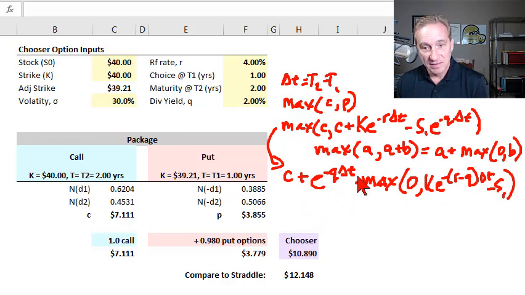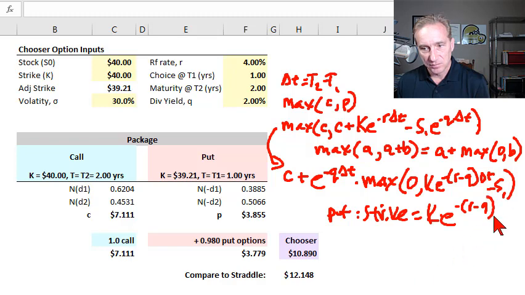So we have this many units of a put option, and that put option has a strike equal to K times e raised to negative r minus q delta t. I'm taking that max function and saying, because that's the payoff, this is a put, here's the strike on the put, and the maturity on the put.